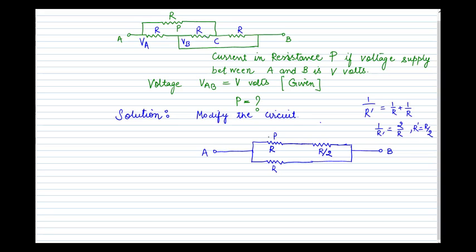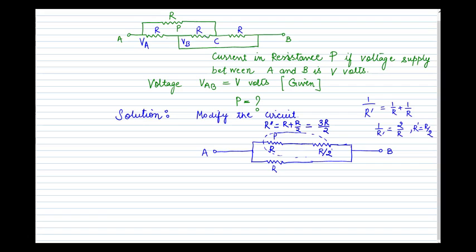If you take this part and calculate the resistance, R double dash is equal to R plus R by 2. So this is equal to 3R by 2. Right, these two are in series, so this equivalent is equal to 3R by 2, and this is in parallel.